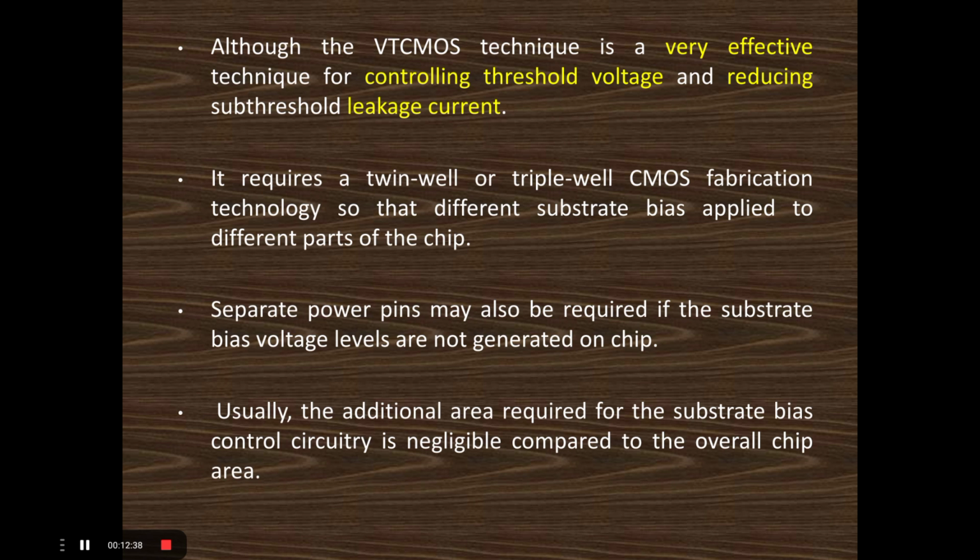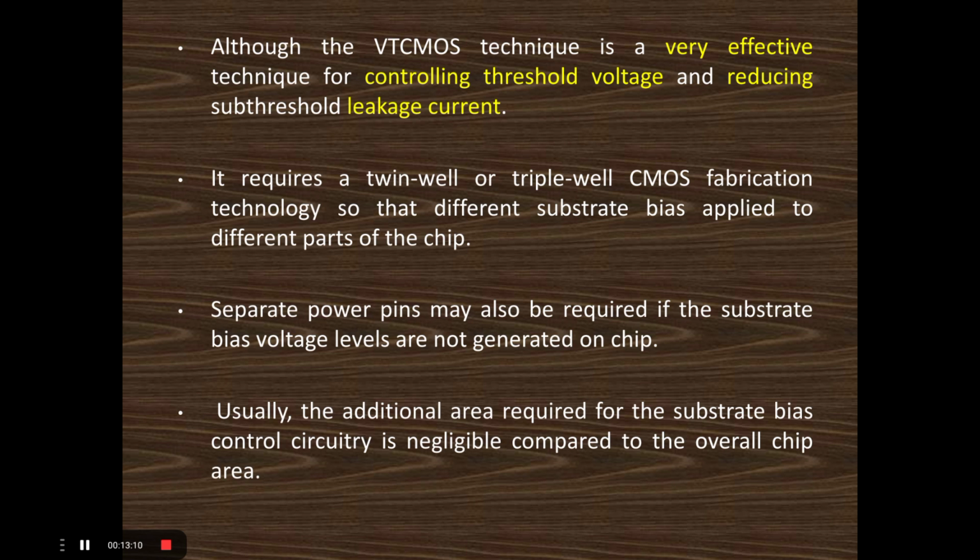Usually additional area is required for the substrate biasing circuit, but if you compare this circuit size to the overall circuit, it may be very small. So we can neglect the corresponding area penalty in the case of VT CMOS, because we are maintaining the most important parameters: leakage power is reduced, therefore overall power dissipation decreases, and by maintaining the low threshold voltage we are maintaining good performance.